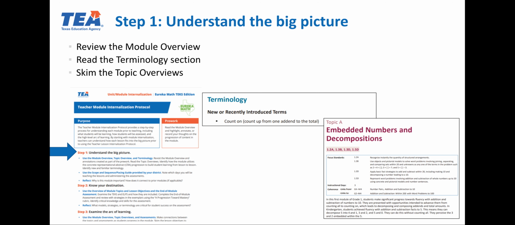So I know that Module 1 is going to lay a foundation for the rest of the year. It's similar in third grade. I see the topic of multiplication comes up again later in the year, and that informs my module internalization. So how does this impact you as you teach? How does this impact your students?